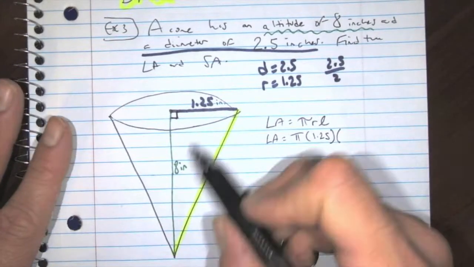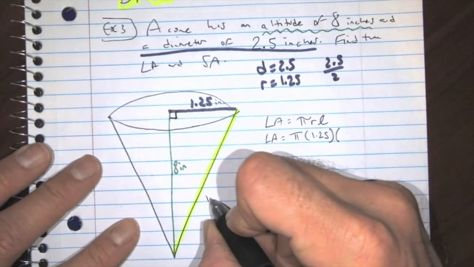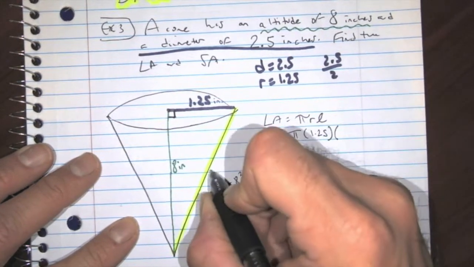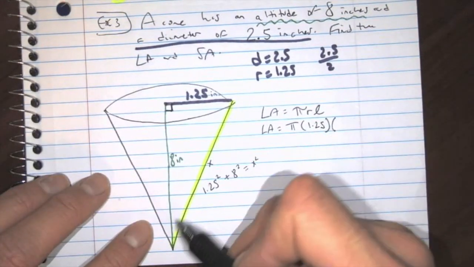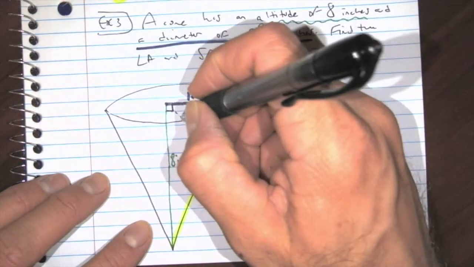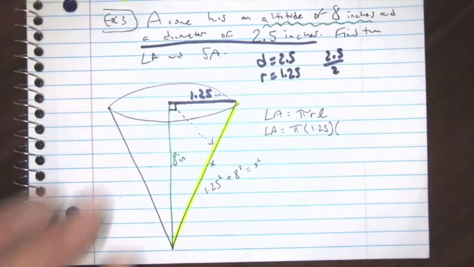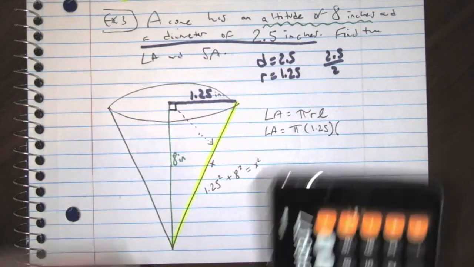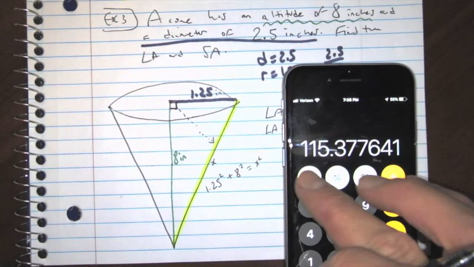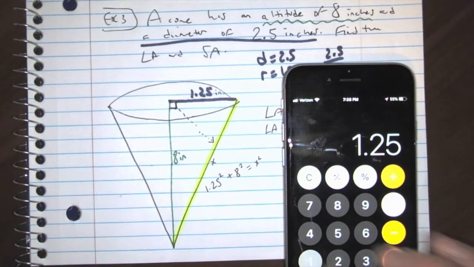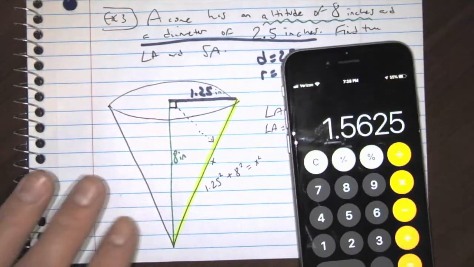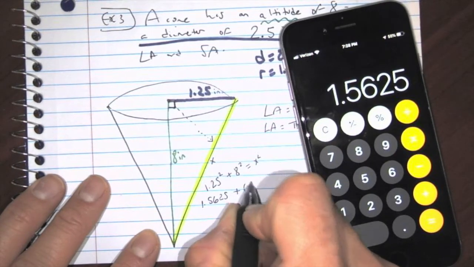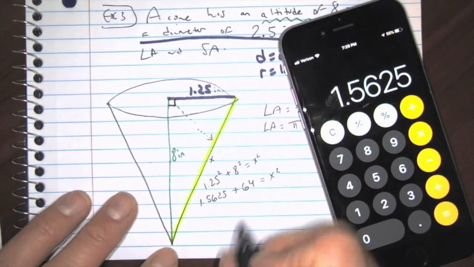To find the slant height, once again, Pythagorean theorem: 1.25 squared plus 8 squared equals x squared. Here's your x. It's the hypotenuse. It's across from the right angle, which means it's the longest side. Okay, 1.25 squared is 1.5625 plus 64 equals x squared.